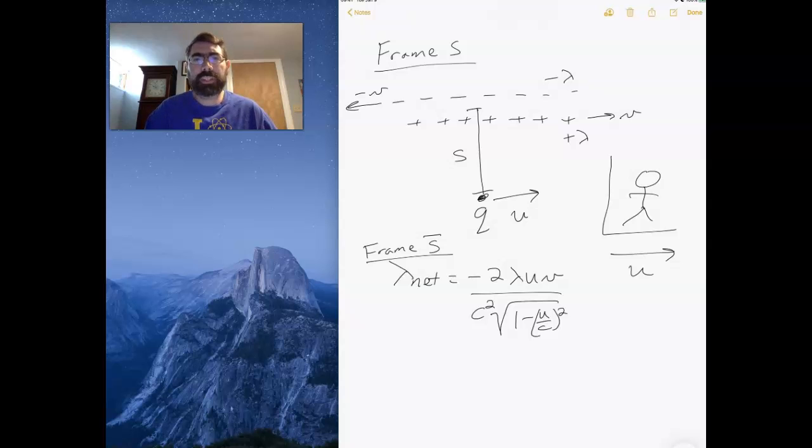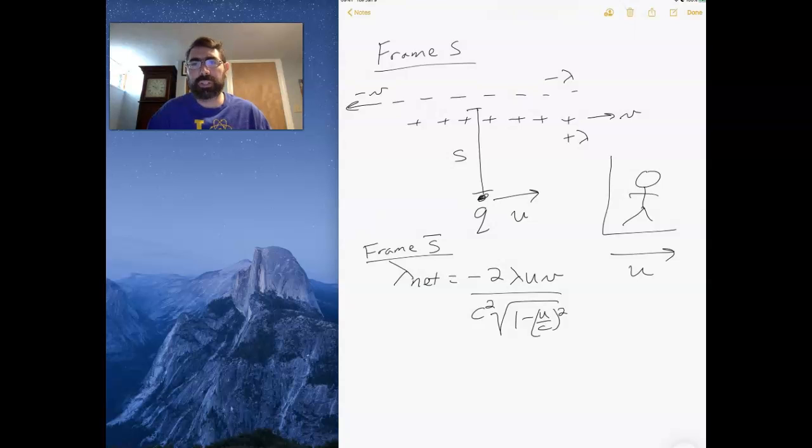In this video, we're continuing this derivation of looking at the relativistic effects of, say, magnetism. So the problem we started with was two lines of charge, a negative charge moving to the left and a positive line of charge moving to the right.